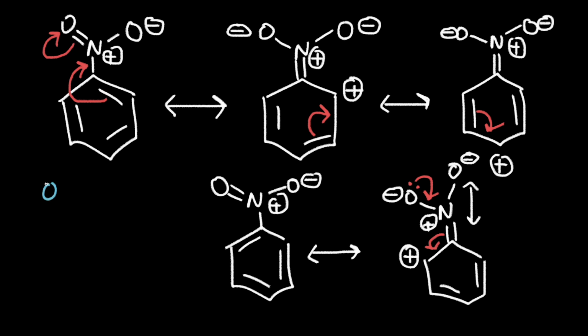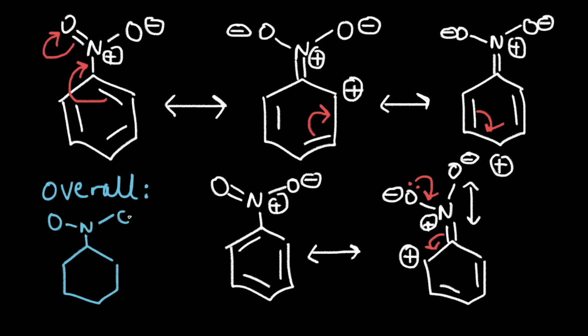Okay, so again we can draw an overall picture of what's going on. So I'm going to draw dotted lines to represent the delocalized parts of this structure. Dotted line there, and we're also going to have dotted lines across here.